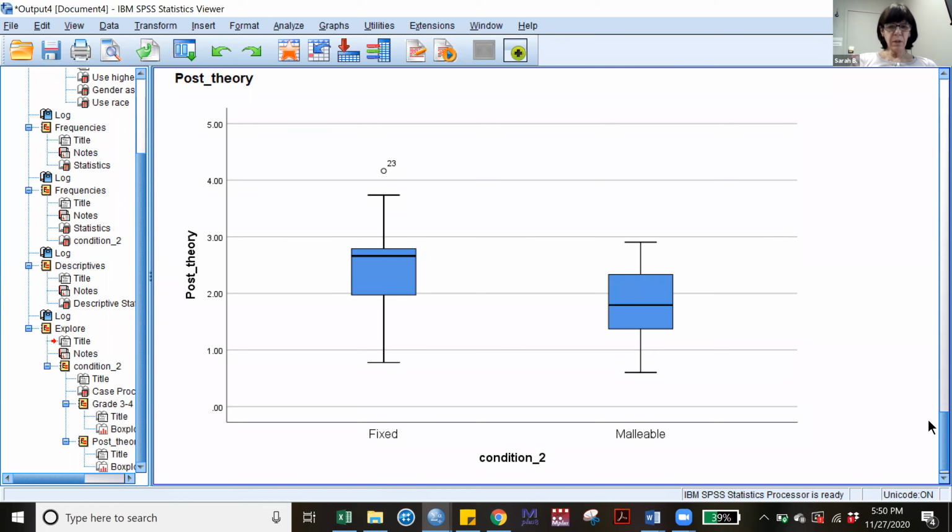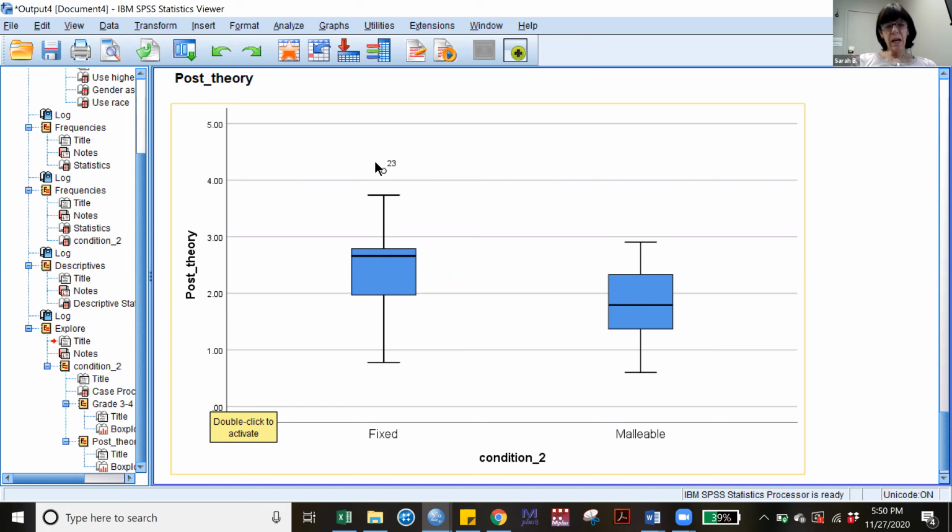And descriptively, the malleable group has lower scores on theory of student ability, meaning scores that tend more to an orientation that student ability in math is malleable, while the fixed group has a theory of ability that is still generally kind of malleable, but tends slightly more towards fixed.